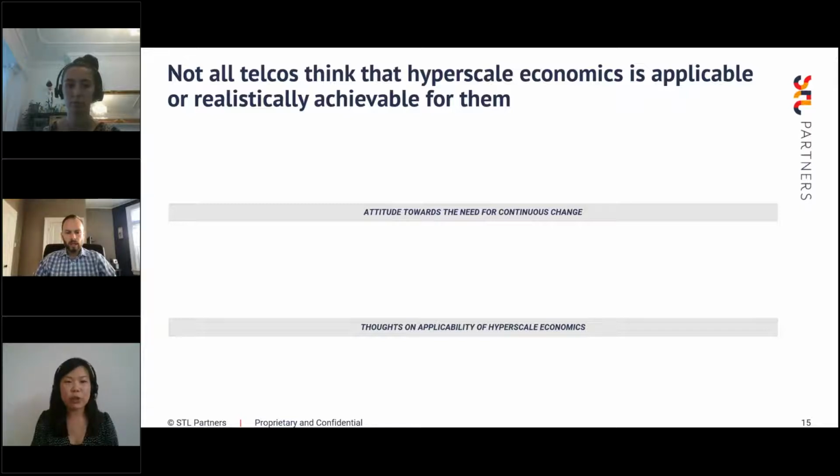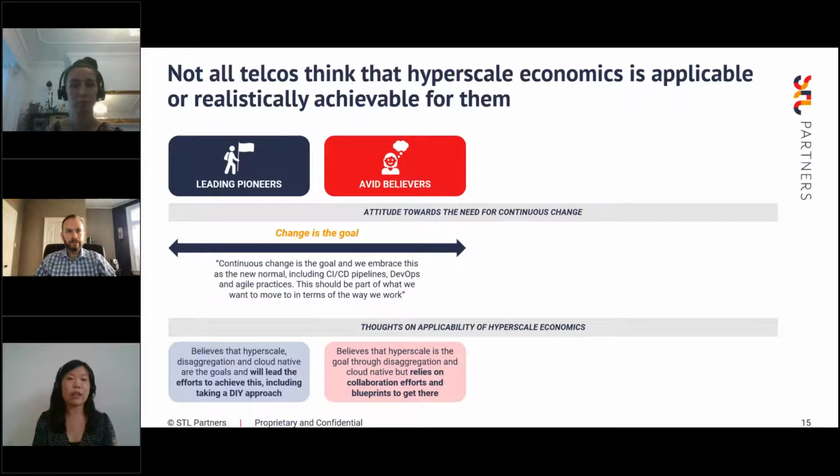In the first group, in the first two groups, we see change as the new normal. So Maren, if you just click through, they see hyperscale economics as the goal. So with disaggregation and cloud native as inevitable and the way that the industry is moving.